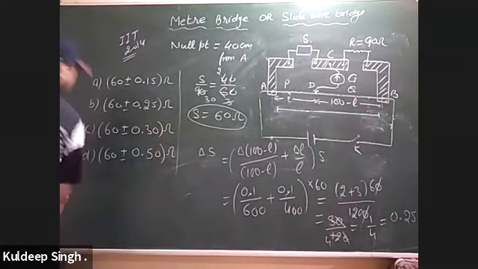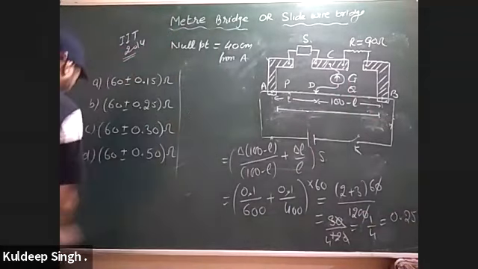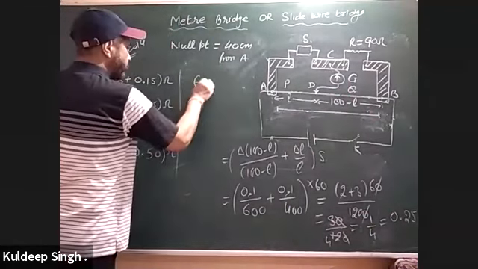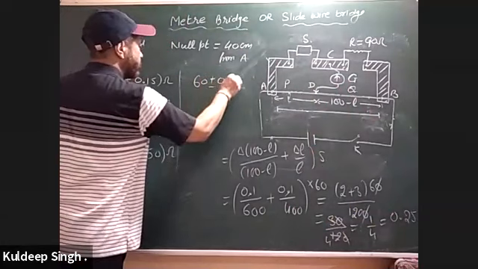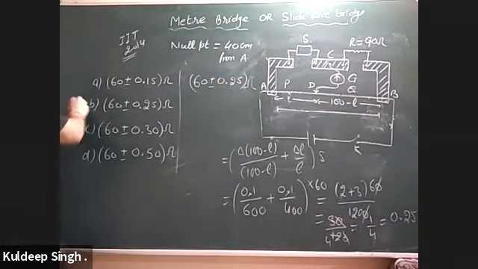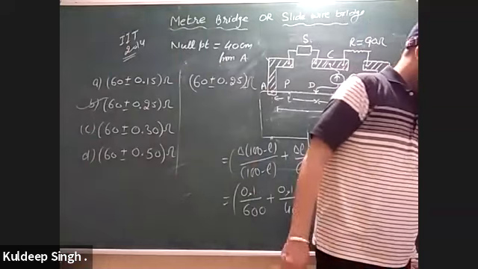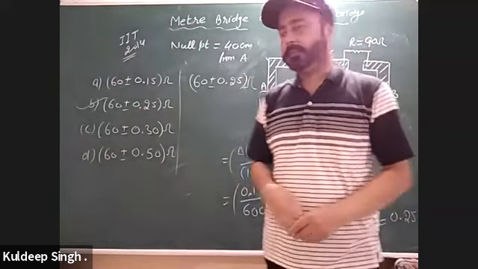Therefore, the result will be 60 plus minus 0.25 ohm. Therefore, the second option is correct. So in this way, you can find out the percentage error or absolute error.